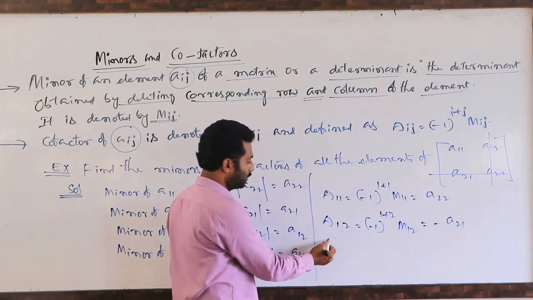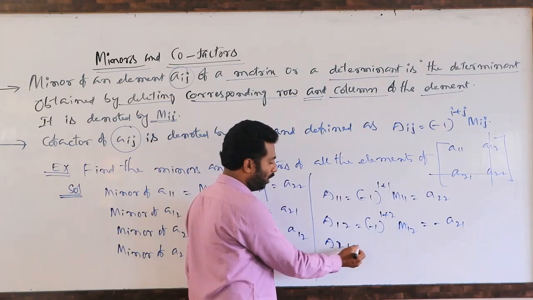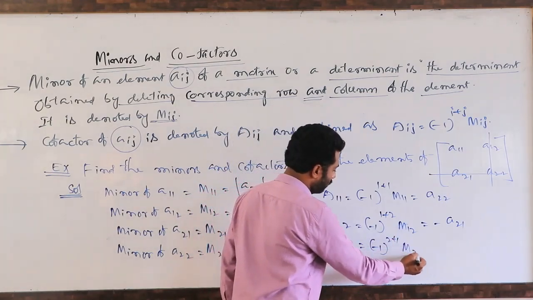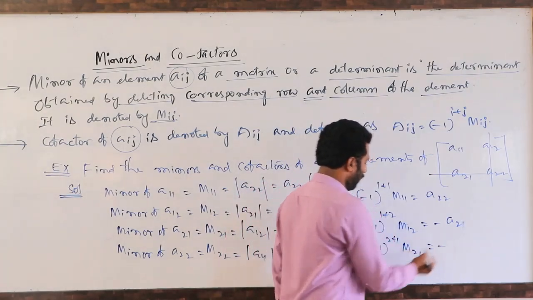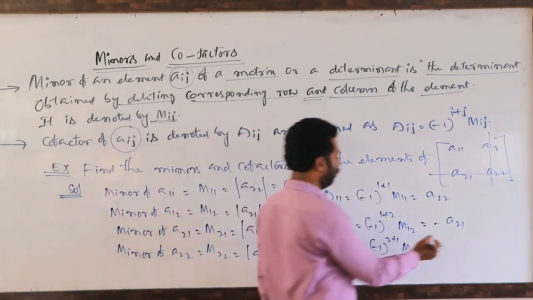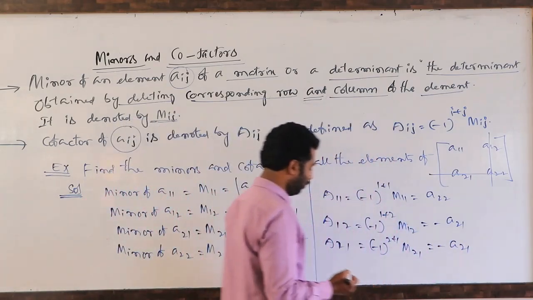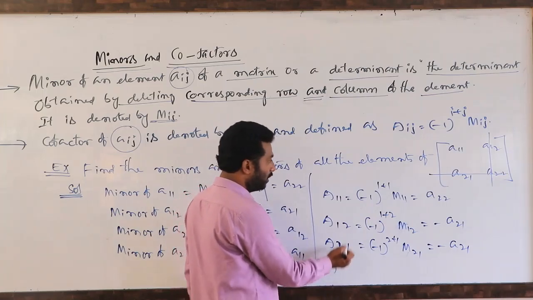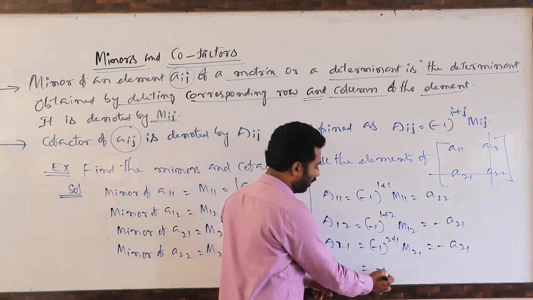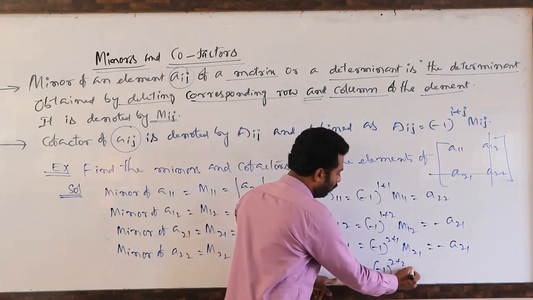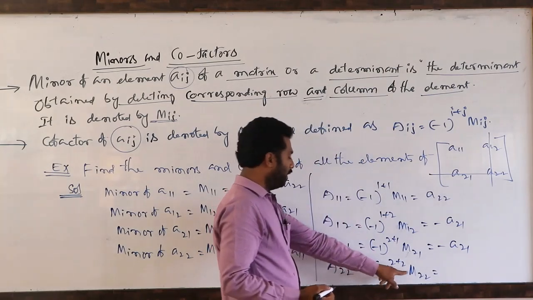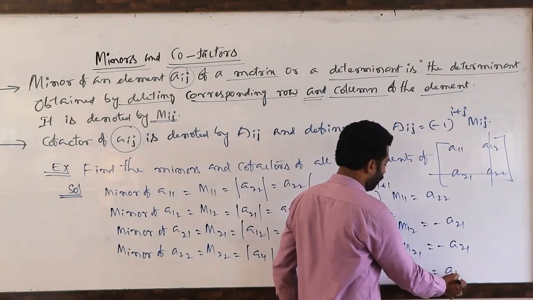Next, the cofactor of A21 is minus 1 whole power 2 plus 1, which is minus 1 whole cube, means minus M21. What is M21? That is A12. Finally, the cofactor of the element in second row, second column is minus 1 whole power 2 plus 2, that is 1 only. M22 is nothing but A11.